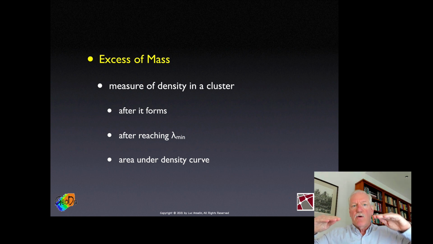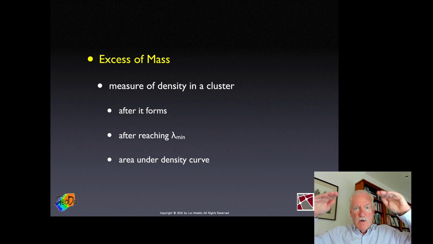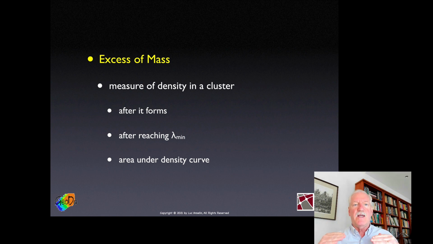And as the water goes up, that area will become smaller. As the water goes down, that area will become larger. So we're interested in finding out what is the area under the density curve after a split is formed.